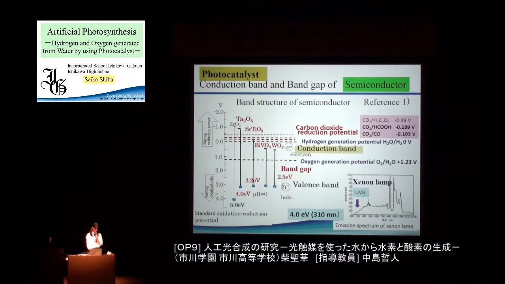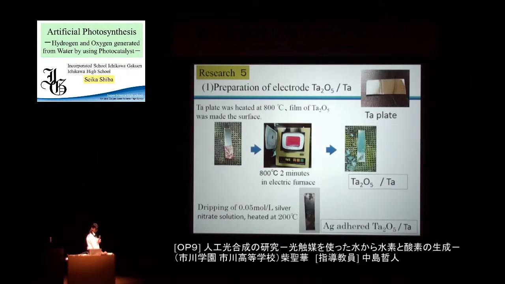From this data, I chose tantalum oxide, strontium titanate, bismuth vanadate, and tungsten trioxide. I made tantalum oxide by burning a tantalum plate in the electric furnace.